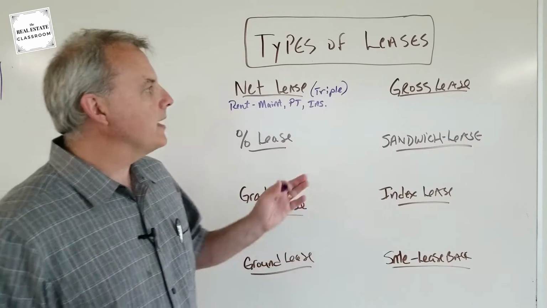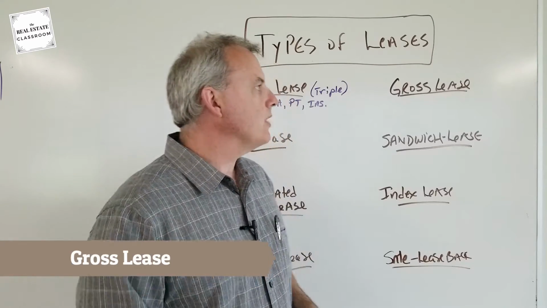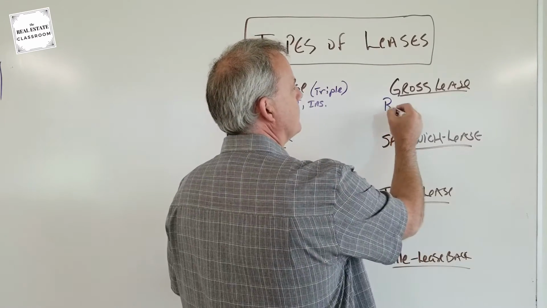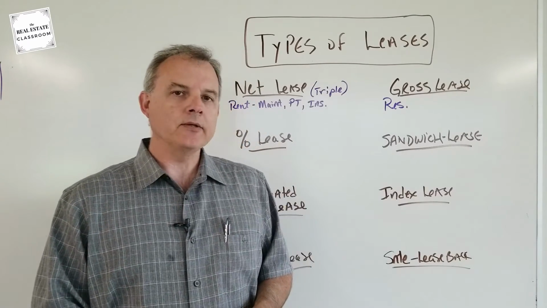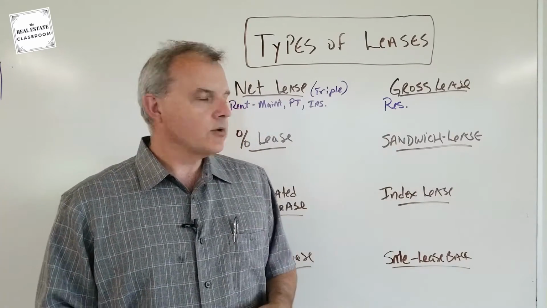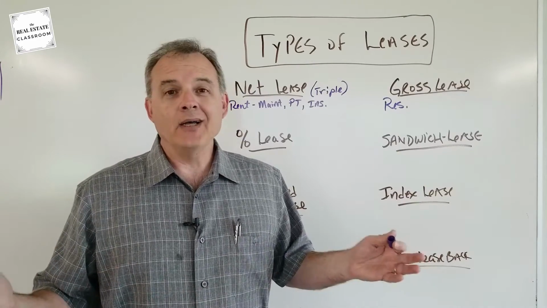The next one I want to talk about is a gross lease. Now, a gross lease is typically used in residential settings. All right, that's the first thing. Apartments and single-family homes and those types of things. And typically with the gross lease, it's just one rent payment at the beginning of the month, and that's it.